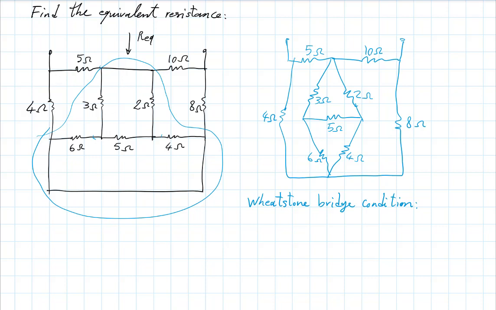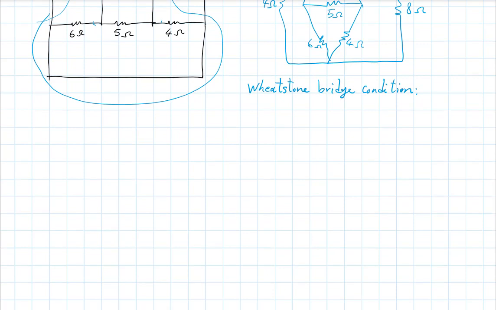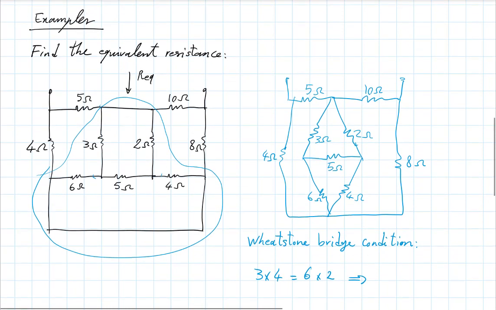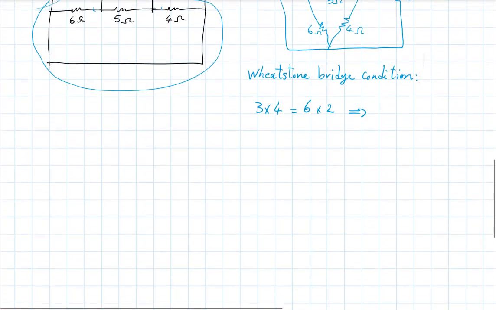So because 3 times 4 is equal to 6 times 2, that condition is met, which means what is the voltage difference across the 5 ohm resistor? 0. There's no current through the 5 ohm resistor.